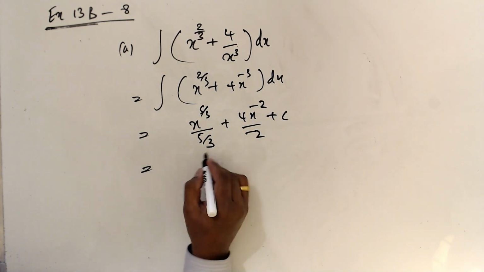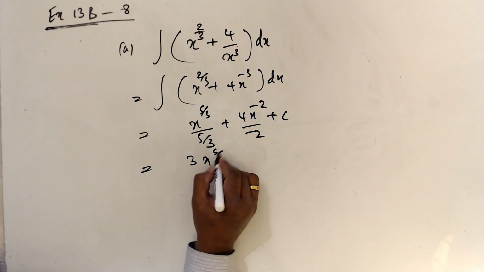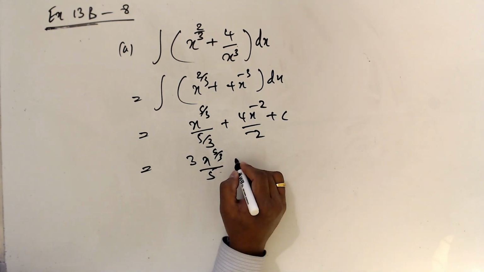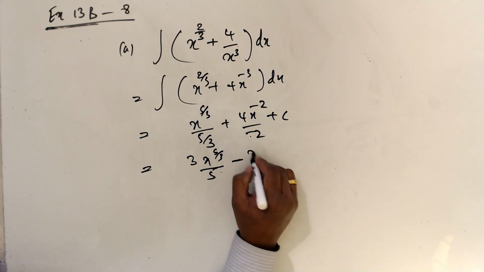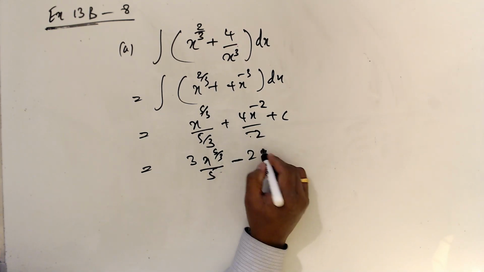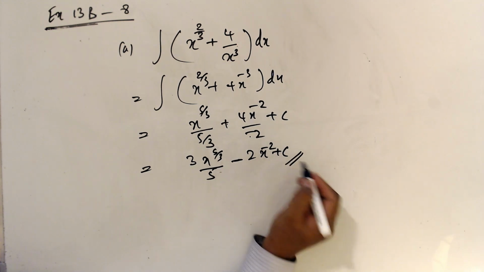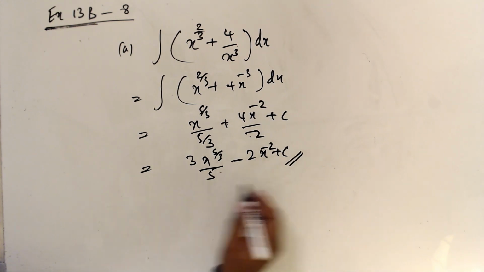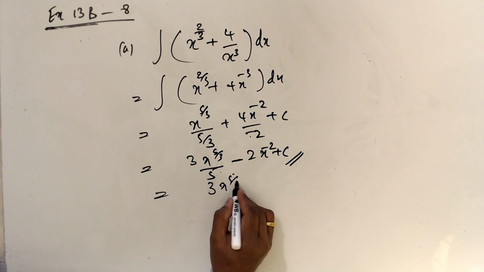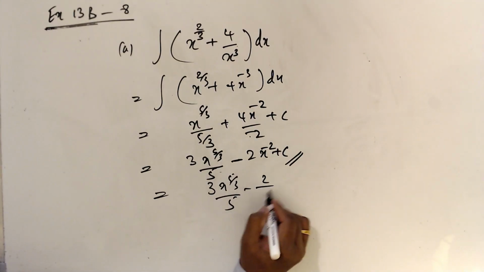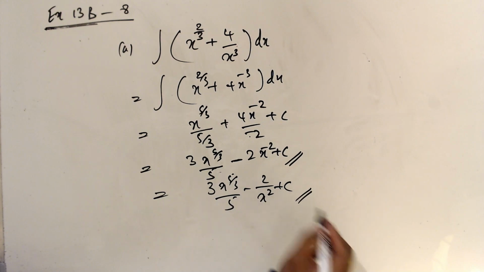So this is 3x^(5/3) over 5, plus minus 4 divided by 2, 2x² plus c. You can keep this form as well. 2x² plus c.